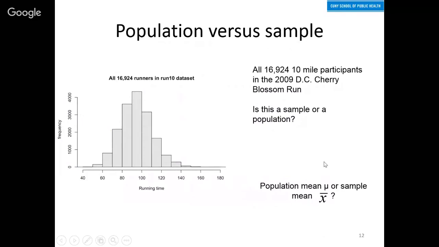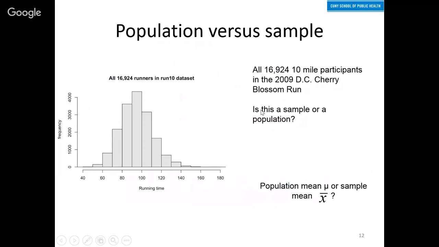So here is just an example of a population. This is the Run 10 data set, which is a common data set for statistical teaching, and it's all about 17,000 10-mile participants from the DC Cherry Blossom Run in 2009.